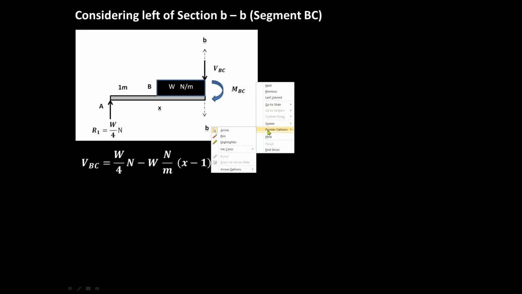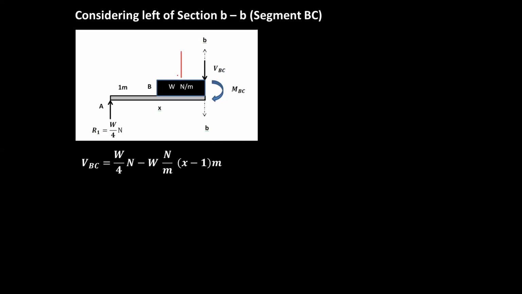Why X minus 1? Let me show it to you. If this is the resultant R, definitely this will be W times what? Because this is only 1 meter, right? So this is X minus 1.